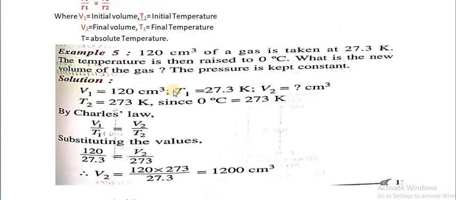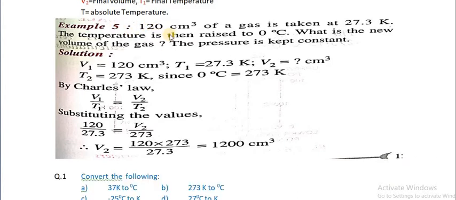Now let us see one example to know how to solve a numerical based on Charles' law. The question is: 120 centimeter cube of a gas is taken at 273 Kelvin.